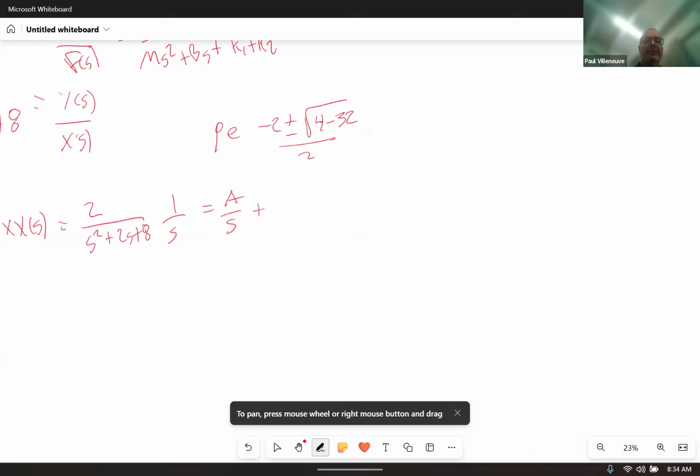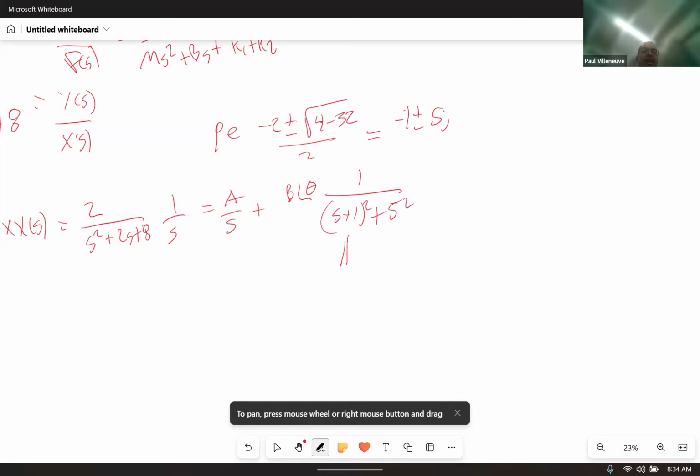So negative 1 plus or minus, let's just call it 5. Just make it easy. It's 5 point something, but we'll call it 5. So this is B at an angle of theta over s plus 1 squared plus 5 and change squared.